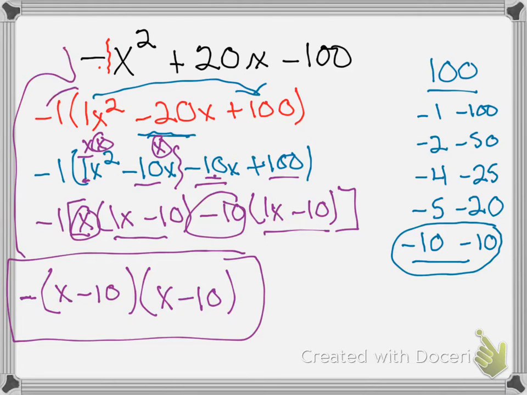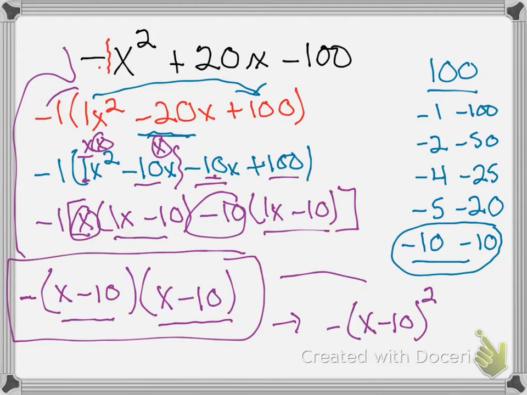Now, one last thing on this one is when your factors are exactly the same numbers, same signs, some of the time you might see it written another way. You will have it written as x minus 10 squared, and then if you have a GCF outside of the parentheses, so here we've got that negative 1, you just put it right outside, okay?